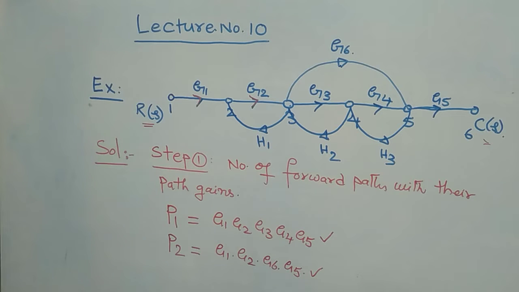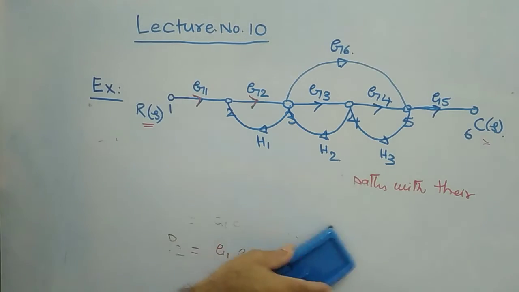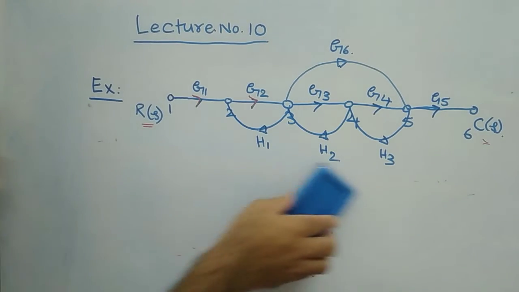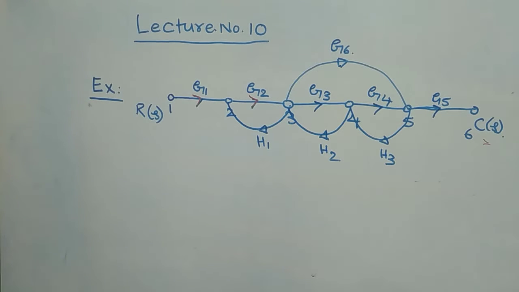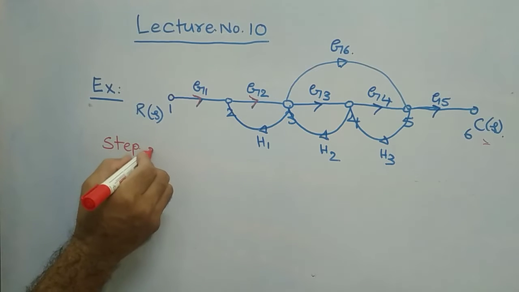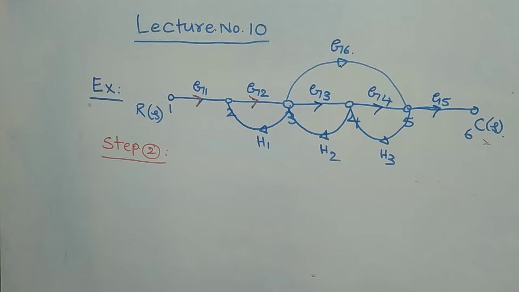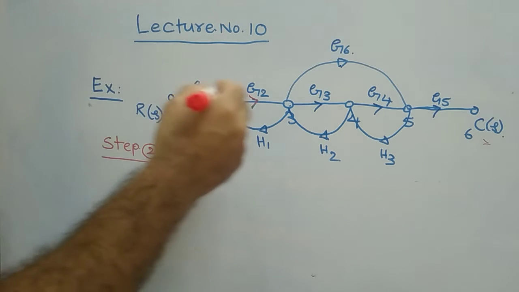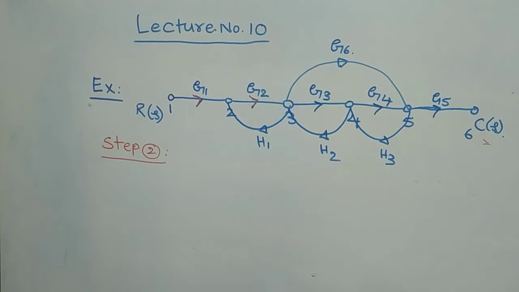Now, what is step number 2? Let us see, it is as simple as that. In step number 2, we have to find the individual loops with their loop gains which are available in the given signal flow graph.